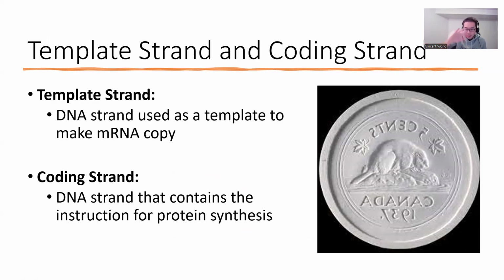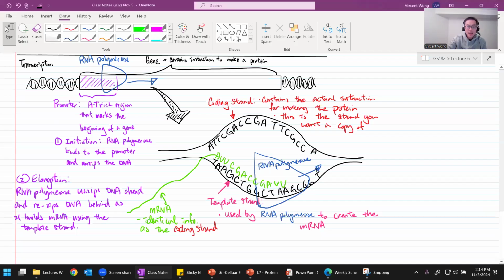But if the mold looks like what you want the coin to look like, then when it comes out, it's going to be backwards, right? Do you understand this analogy? In the same way, if we want the coding strand, we cannot build using the coding strand. It's going to come out backwards, as the complementary version. So that's why we're using the template strand to build it.